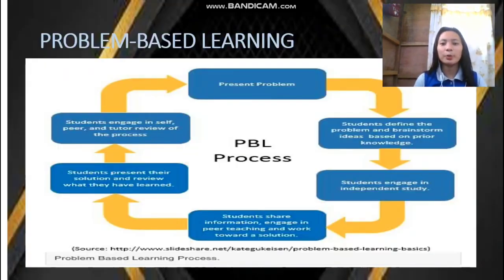So I have here a problem-based learning. It is where students present a problem, and then students will define the problem and brainstorm ideas based on prior knowledge, and then students will engage in independent study. Students share information, engage in peer teaching and work toward the solution, and then students present their solution and review what they have learned.